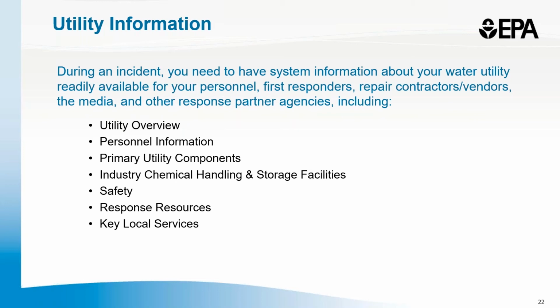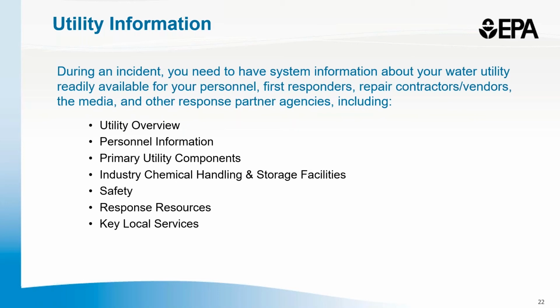And then this is a tie-in to AWIA section 2018, with the chemicals that may be in your utility service area. If there was an emergency spill, you have that information to get.